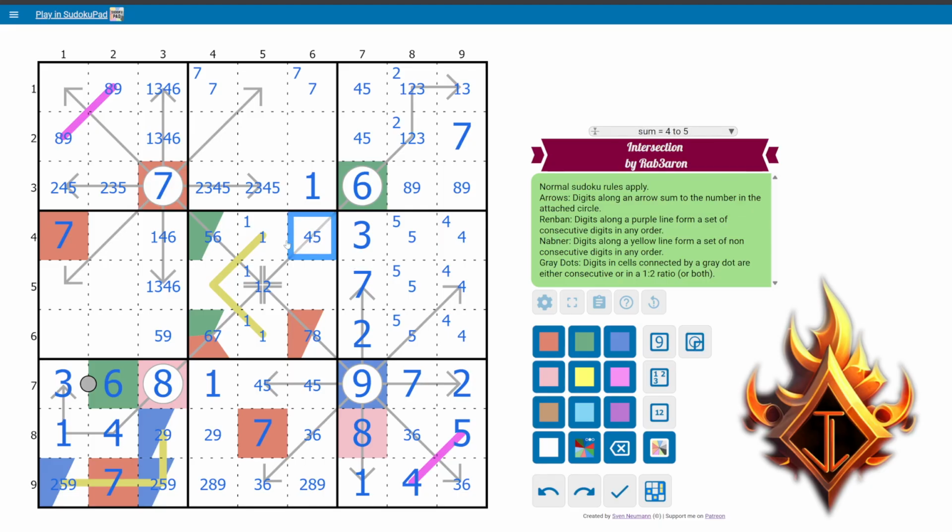Is 5 guaranteed up here? If it's a 1, 5 goes there. If it's a 2, 5 goes there. It is.